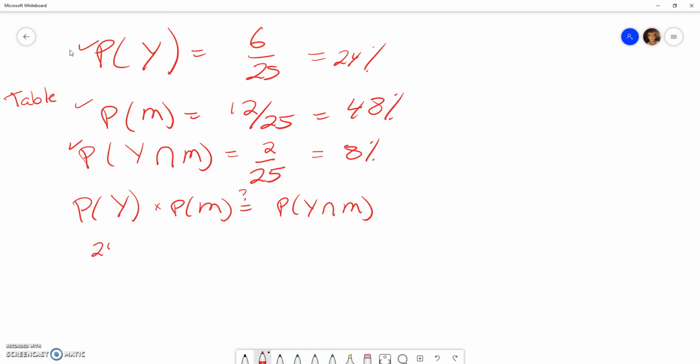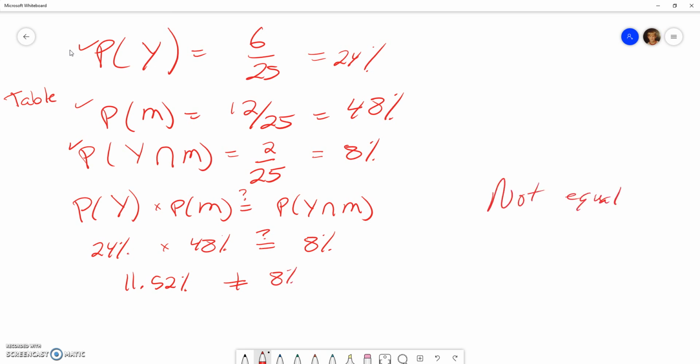So 24% times 48%, does that equal, big question mark, 8%? 24 times 48 gives us about 11.52%, which does not equal 8%. So once again, because the left side is not equal to the right side, they're not equal, and therefore they are not independent.